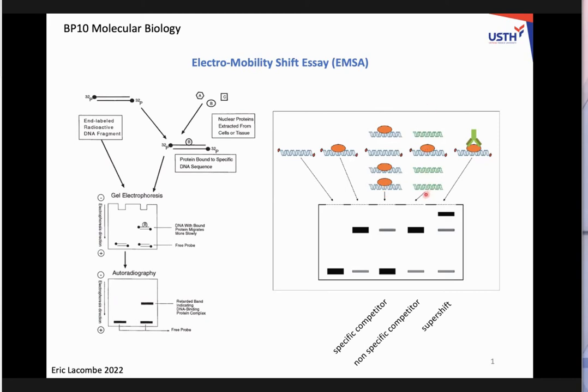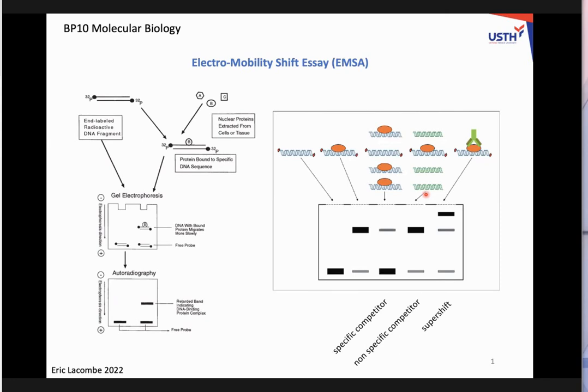So in other words, what you are doing is you always put the same amount of the probe. The probe is the bit of DNA corresponding to the promoter sequence. First case, specific competition, you add the same sequence but non-radioactive, and you will see that the complex disappears. It exists, but it's not radioactive, so you don't see it.